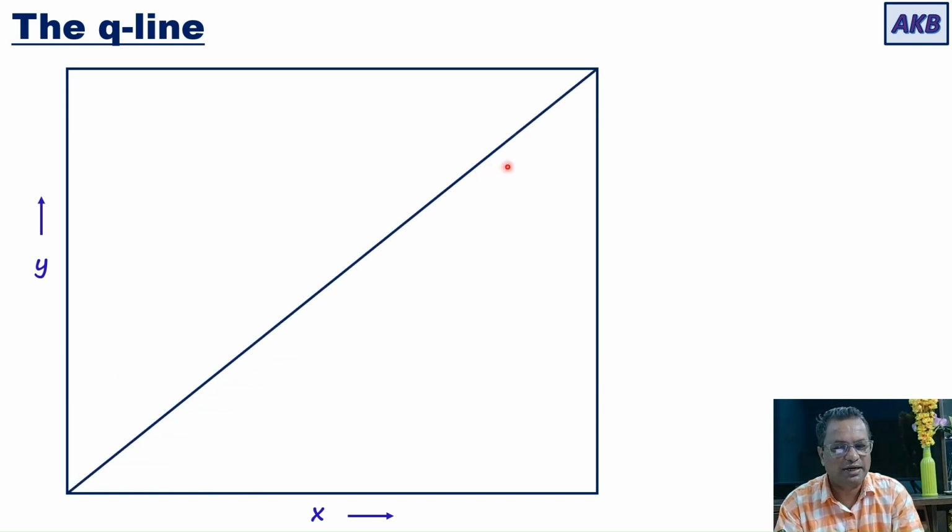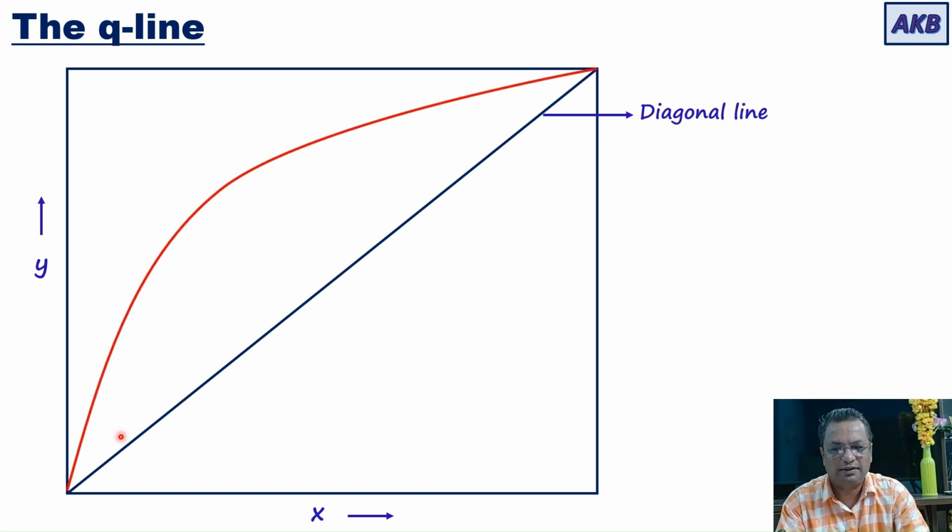This diagonal line I'm using for reference. It is a square plot where the scale on the x-axis and the y-axis is the same. The actual plot will be this curve, and this curve is nothing but the equilibrium curve.